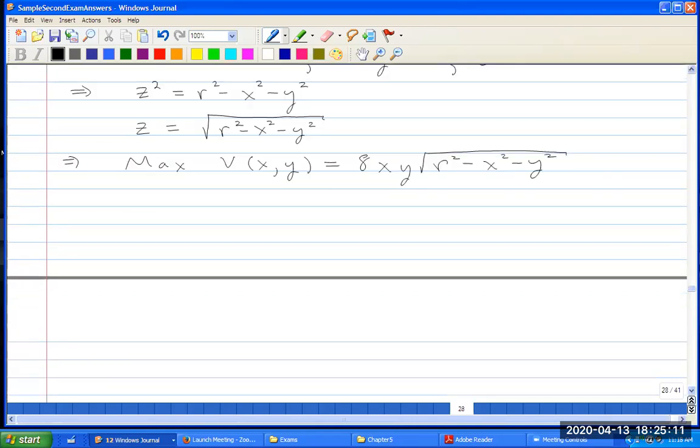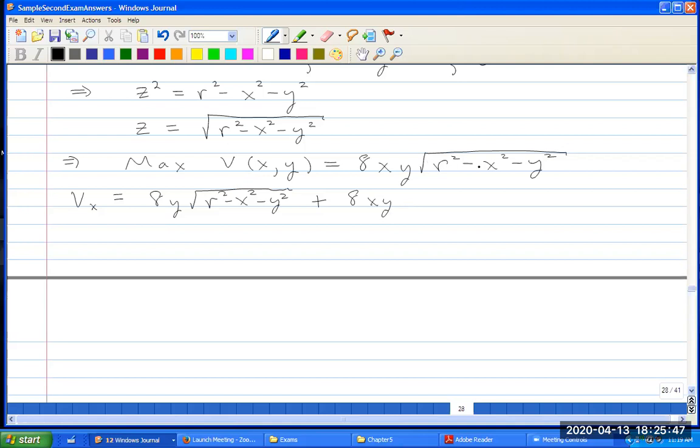Okay, so let's take the partial of v with respect to x. I'll just use the product rule. So the derivative of the first, 8y, times the second, the square root of r squared minus x squared minus y squared, plus the first, 8xy, times the derivative of the second.